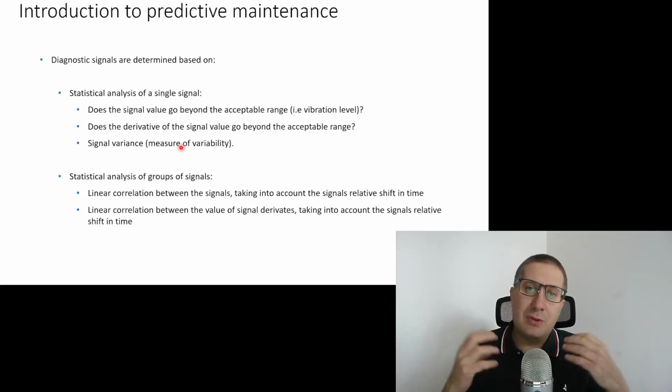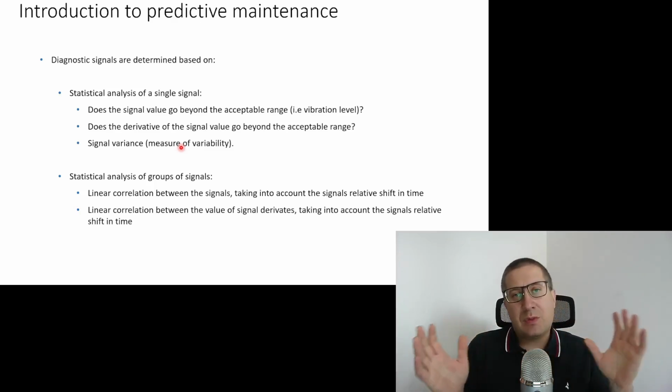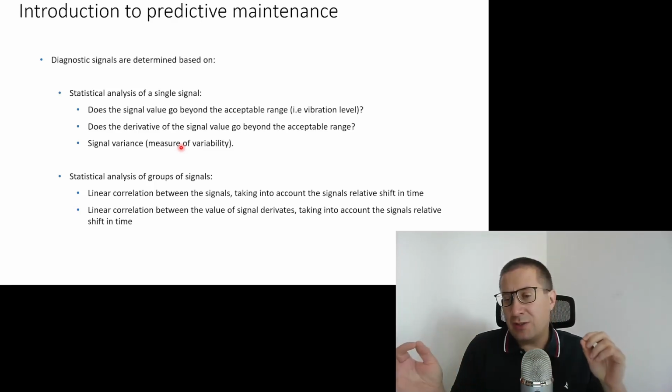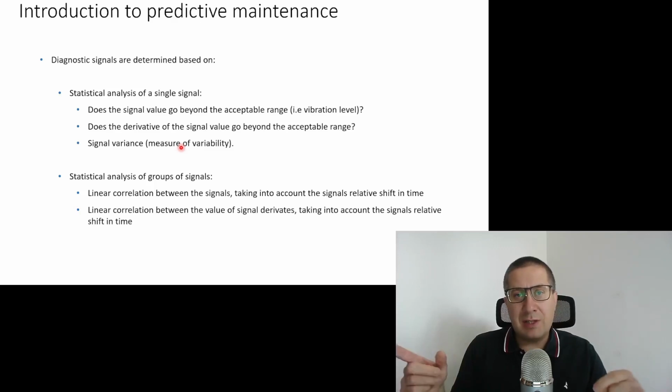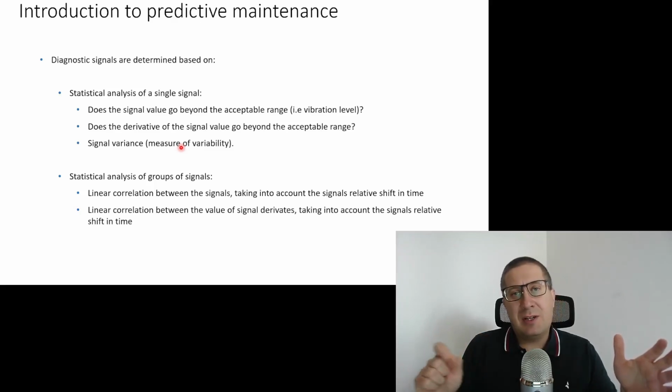Maybe a better approach is to use statistical analysis of groups of signals. So we can check if the linear correlation between signals has changed in comparison with normal behavior. Of course, usually we have a dynamic system, so the technological process is related with some dynamics, some transport delays, some inertia.